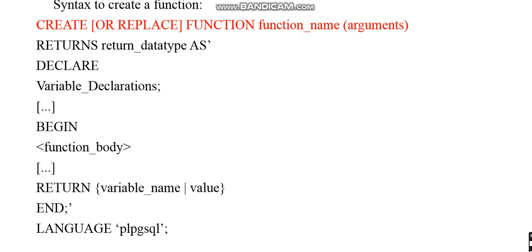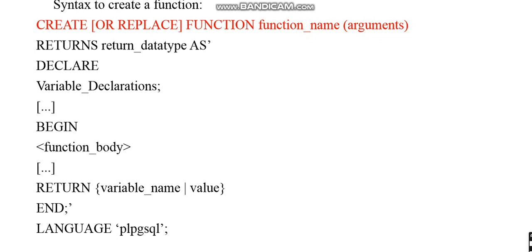Then how to create a function? This is the syntax to create a function in ADBMS: create or replace function, function name, the arguments, returns, return data type, as. What is this create? Create is the word which is used to create a function.